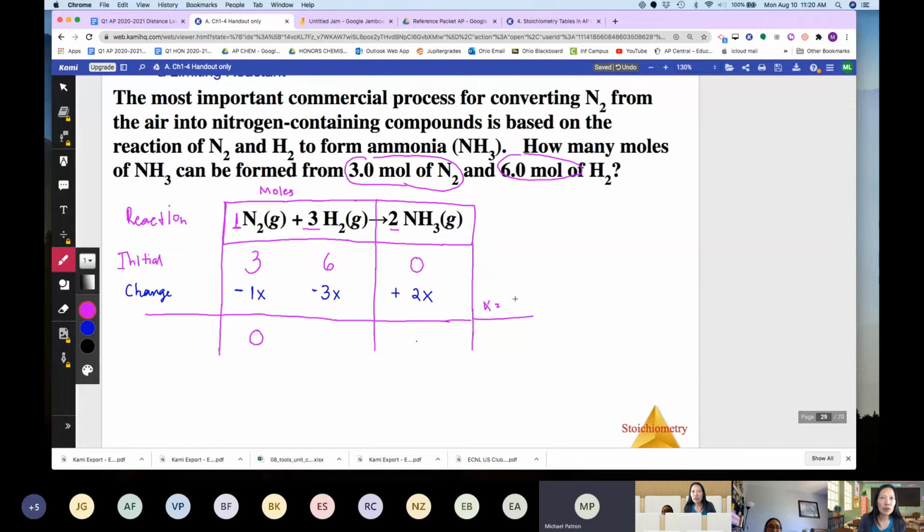Three. X were 3, right? 3 minus 3 equals 0. If X were 3 right here, plug in 3 right there, what would you get? -9, so you get -3.